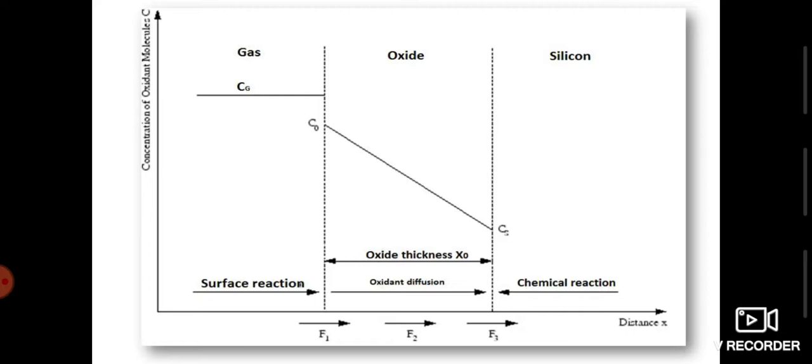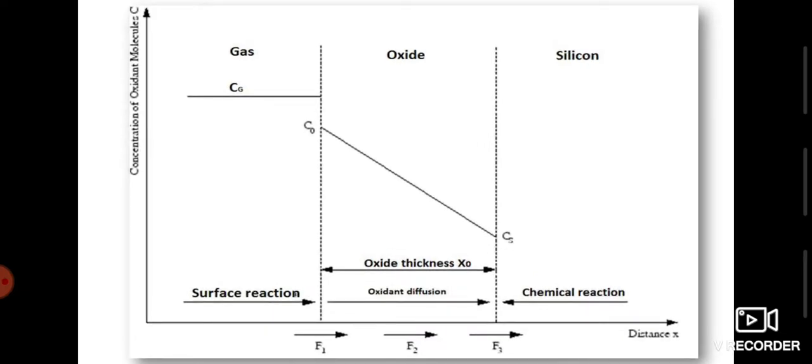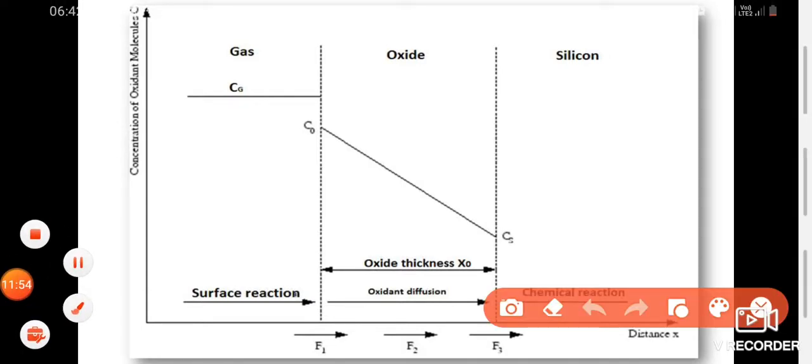Gas fluxes are mentioned here. Just note down on your copy that CO is the concentration of the oxidizing species inside the oxide layer, and the first one, Cg, is the concentration of the oxidizing species, that may be oxygen or water vapor.